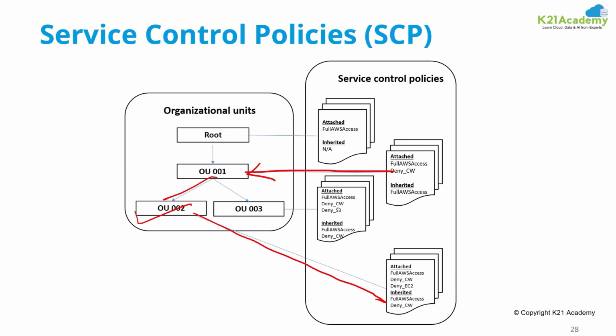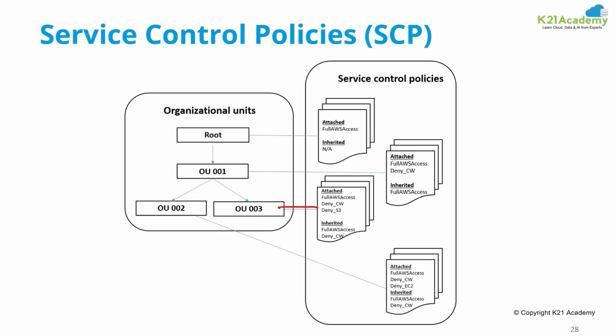So it will result in denied CloudWatch and S3. Now here you have this policy attached where you have AWS full access, deny CloudWatch and deny S3. So in this case, denied CloudWatch and S3.